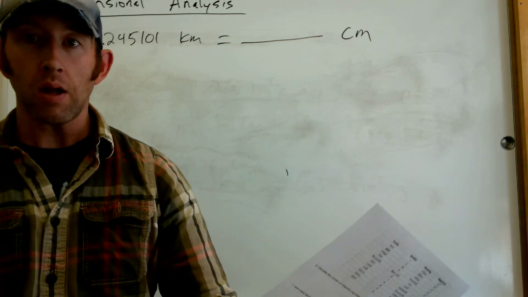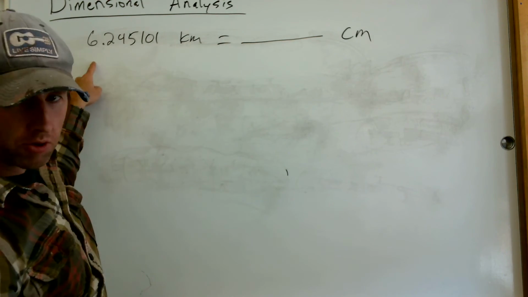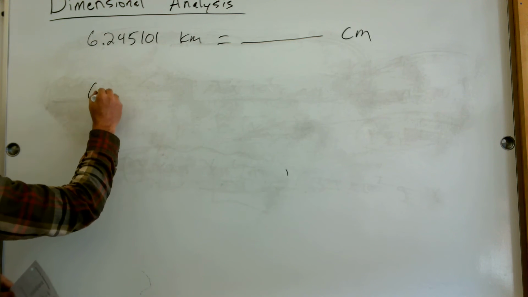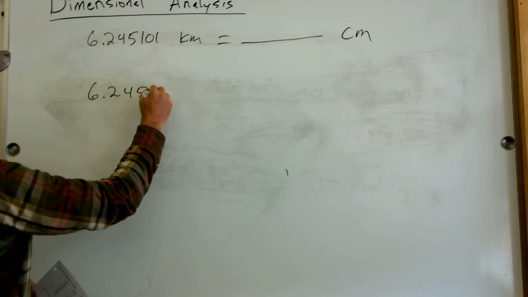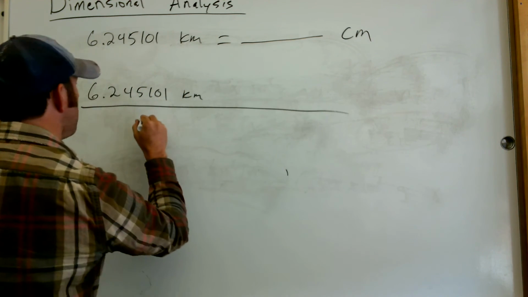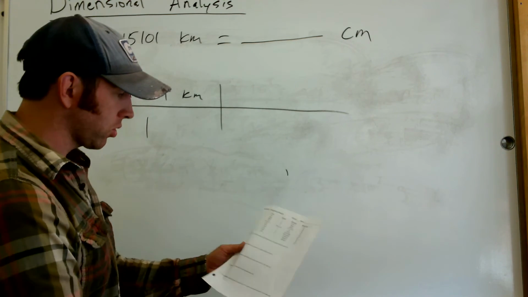Right? That's what I'm trying to solve for. How many centimeters is that many kilometers? All right? So starting quantity over 1 first. 6.245101 kilometers over 1. Right? I'm going to be multiplying that by a fraction of some sort.